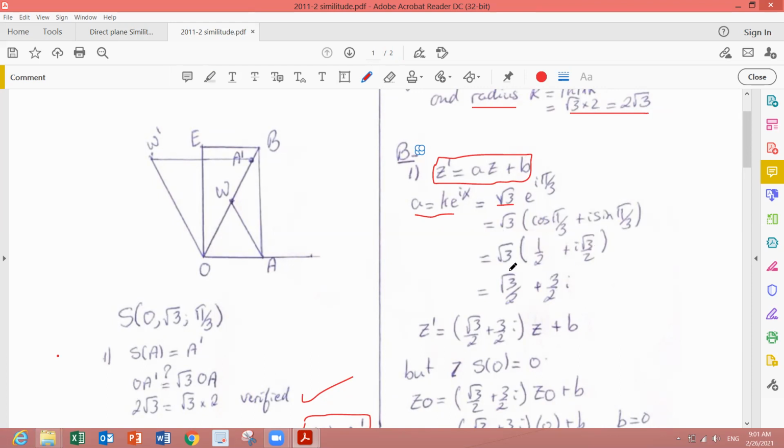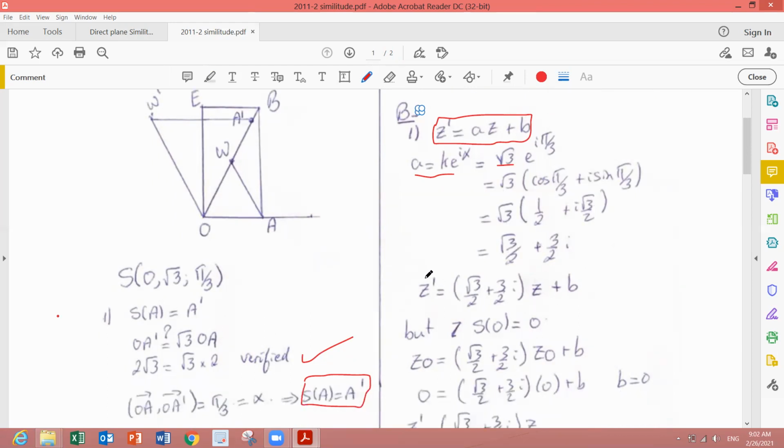We get A equals radical 3 over 2 plus 3 over 2 i. So Z prime equals radical 3 over 2 plus 3 over 2 i times Z plus B.